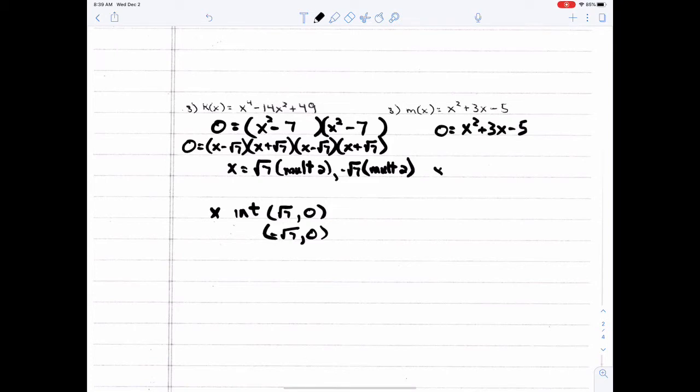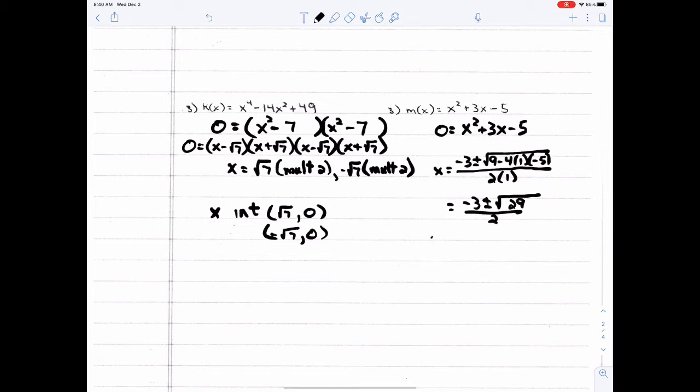So x equals negative 3 plus and minus the square root of b squared minus 4 times a times c all over 2 times a, which simplifies into negative 3 plus and minus the square root of 29 all over 2.